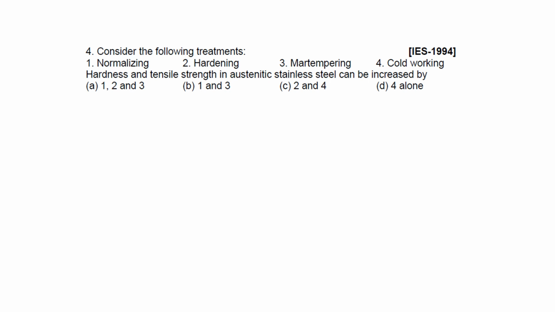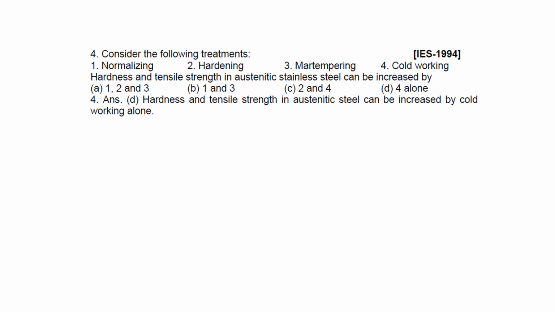Next question: consider the following treatments: normalizing, hardening, tempering, cold working. Hardness and tensile strength in austenitic stainless steel can be increased by which of these heat treatment processes? So it is actually cold working only.